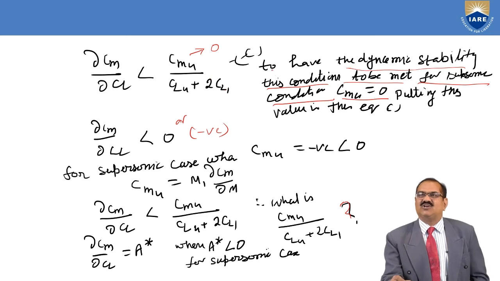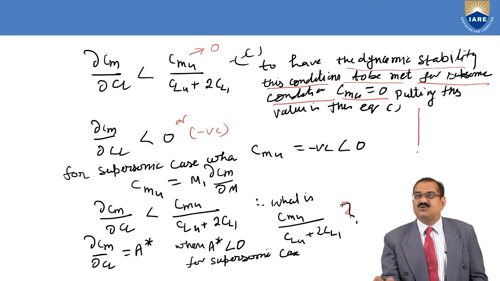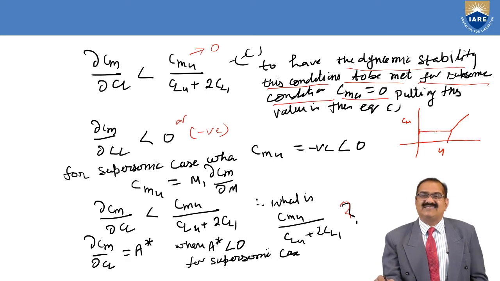Here we can see that to have dynamic stability, this condition has to be met. For the subsonic condition, CMU should be 0, meaning there is no slope. If it is for the subsonic, it is going like this. This is the subsonic range. So this is the Cm and this is the U. So the velocity will not change the coefficient in the subsonic range.